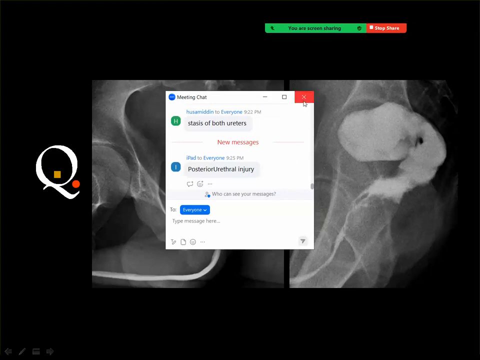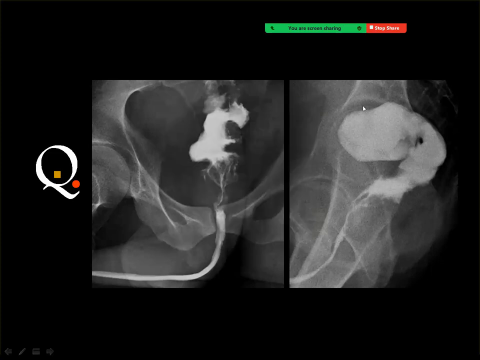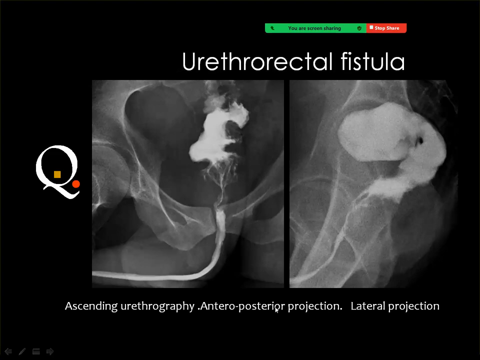Posterior urethral injury, and then if the urethra is injured, you got extravasation of contrast material at the site of injury. But if you see that the urethral outline is continuous, but it ended in the colon instead of the urinary bladder, you may think of a urethrocolic fistula.